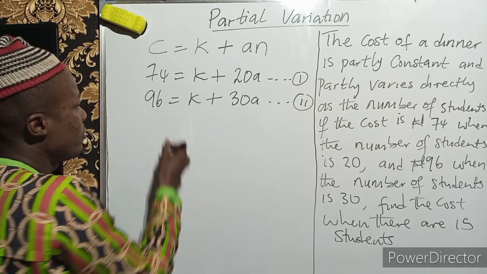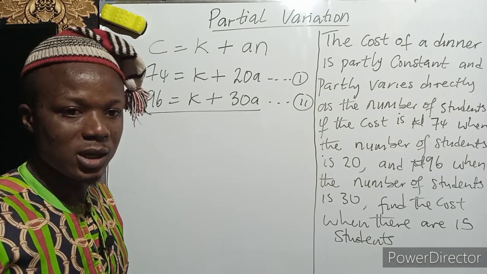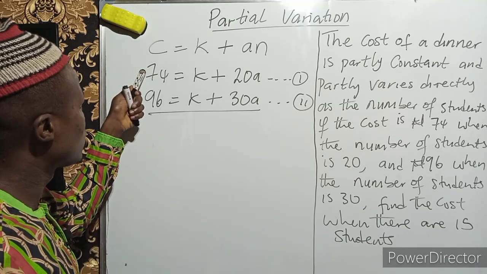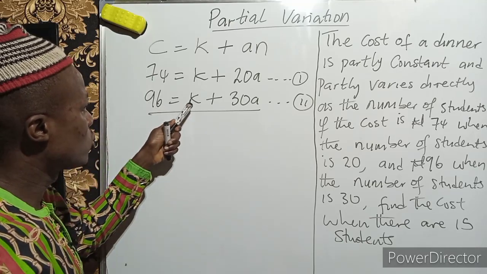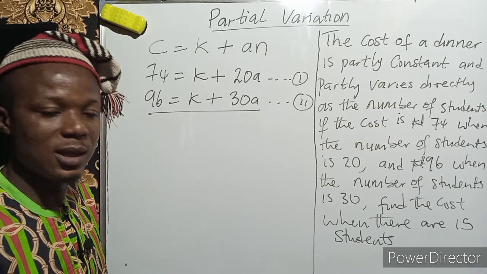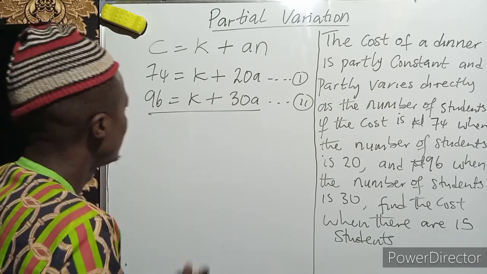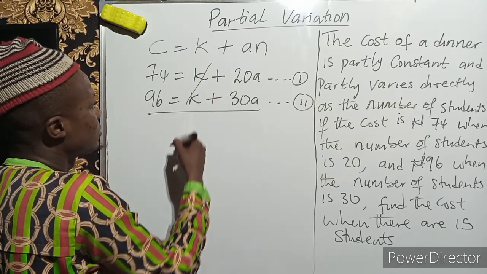So now we've generated a simultaneous equation. And to solve this simultaneous equation, let us remove equation 1 from equation 2. Because once we do that, K will be eliminated. It will now be very easy for us to solve for A. So K minus K has gone.